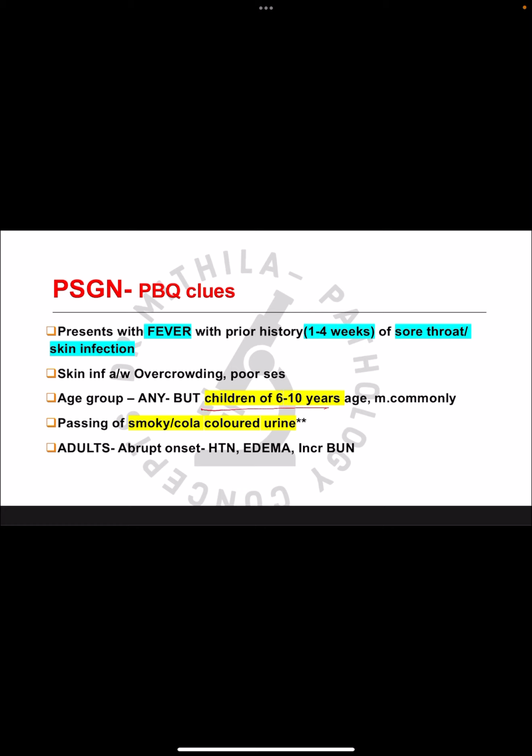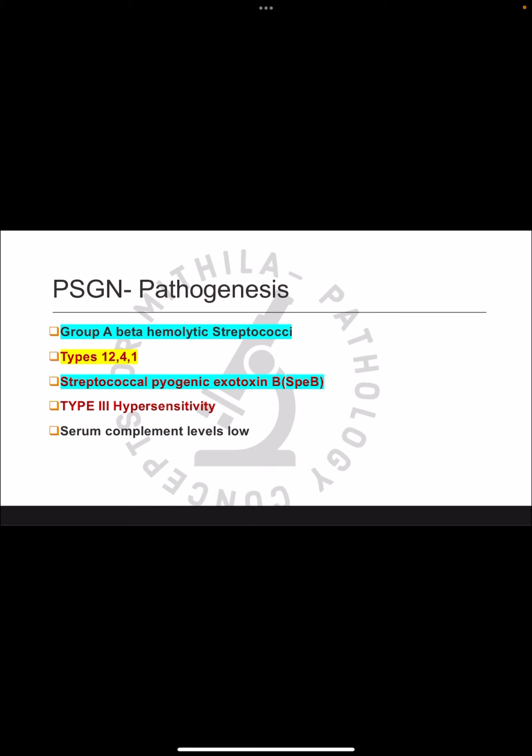It can be seen in any age group, but most commonly it is seen in children of 6 to 10-year age group. And the patient will present with fever, and there is a prior history of sore throat or skin infection. That is, this will tell you that there is infection by the group A beta hemolytic streptococcus.